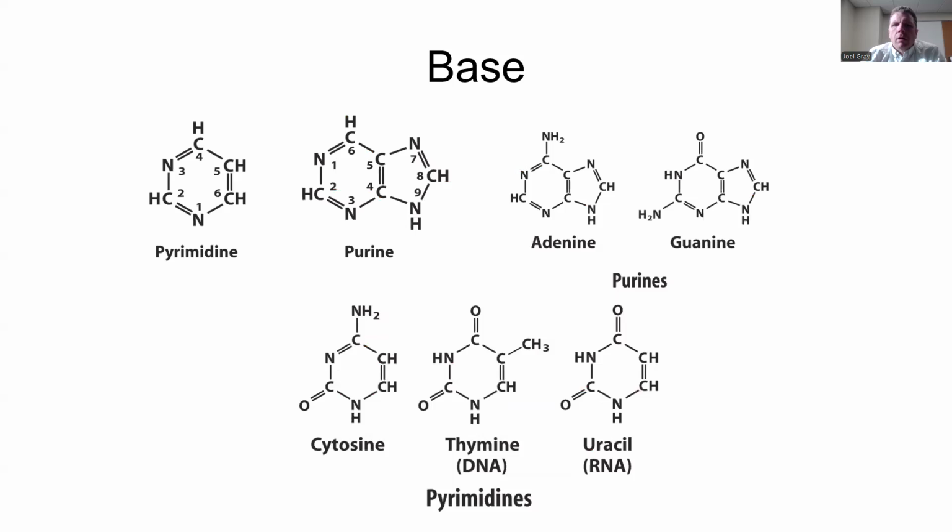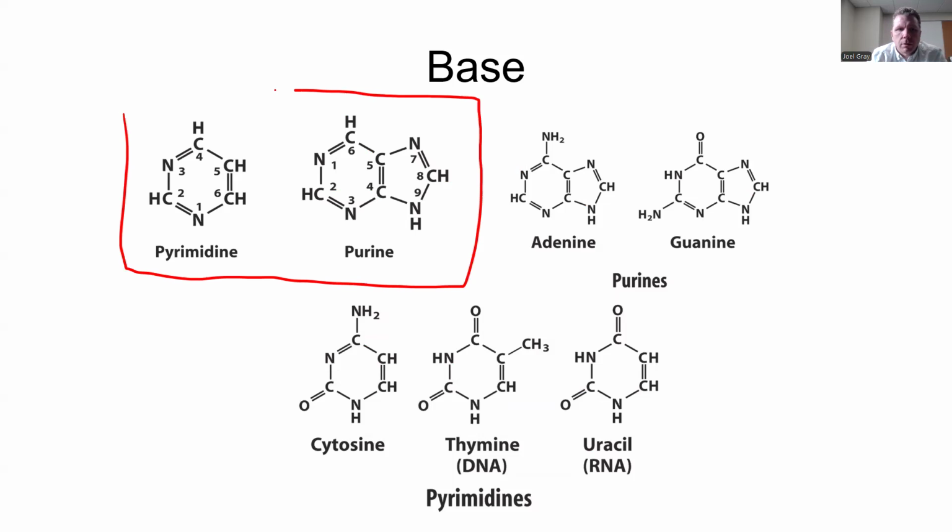Now, when we look at the nitrogenous bases, I'm going to draw your attention up here in the upper left-hand corner. The upper left-hand corner shows your two basic structures for the nitrogenous bases. You have a single ring structure. This class of compounds is known as the pyrimidines.